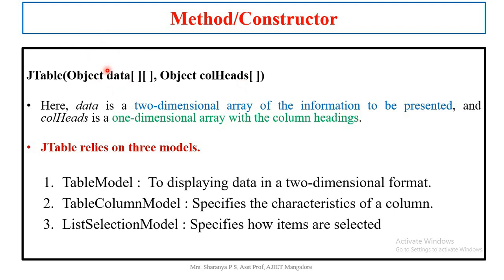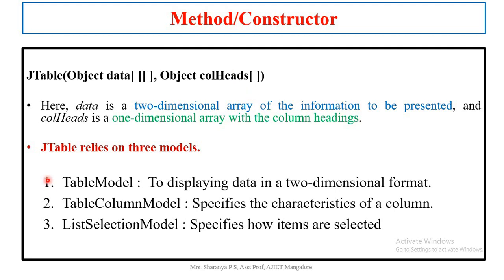The actual content of the table will be referred to as data. This data is a two-dimensional array. With respect to the column headings we have mentioned, we have to specify the data. And this object column heads will contain the set of columns that we want to display. It will usually be displayed in a one-dimensional manner.